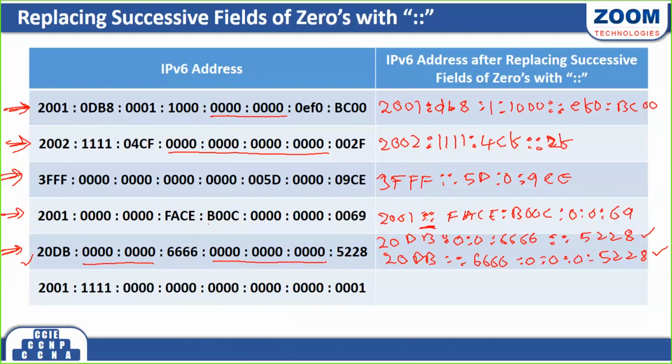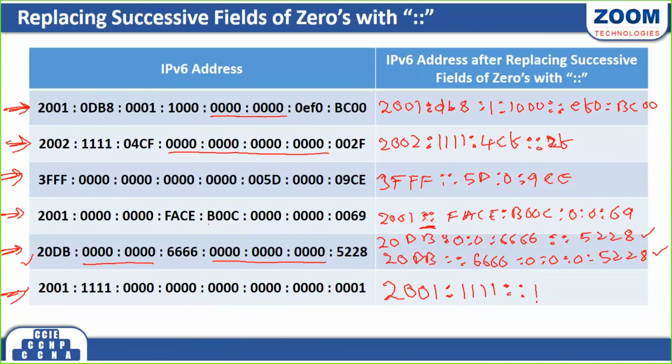Last example. 2001, 1111 groups, double colon, 1. That's simple. So 128 bits of an IPv6 address, 32 hexadecimals, 8 quartets.